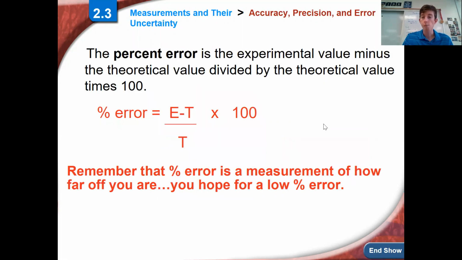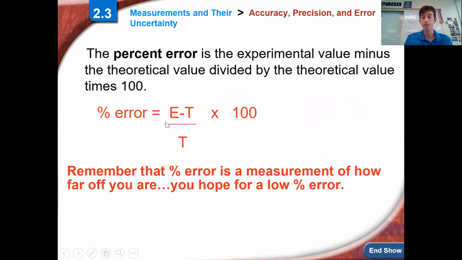Percent error, which is the calculation you do to show how far off you are from the actual value or the theoretical value. And the equation for that, you take the experimental value, and that's what you would find in a lab. So a block is supposed to weigh 100 grams, or not weigh it, it's supposed to have a mass of 100 grams.